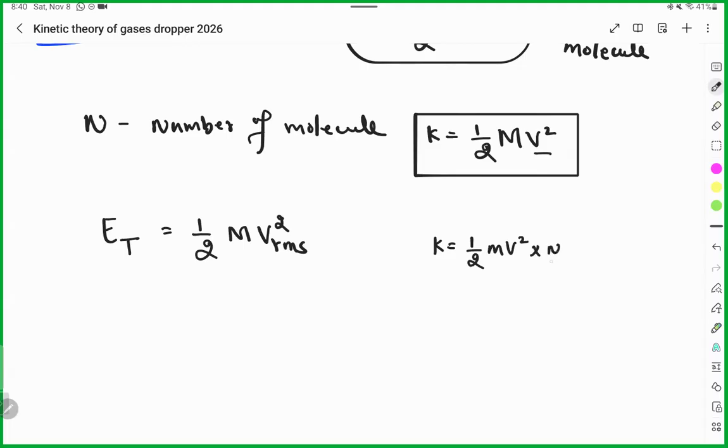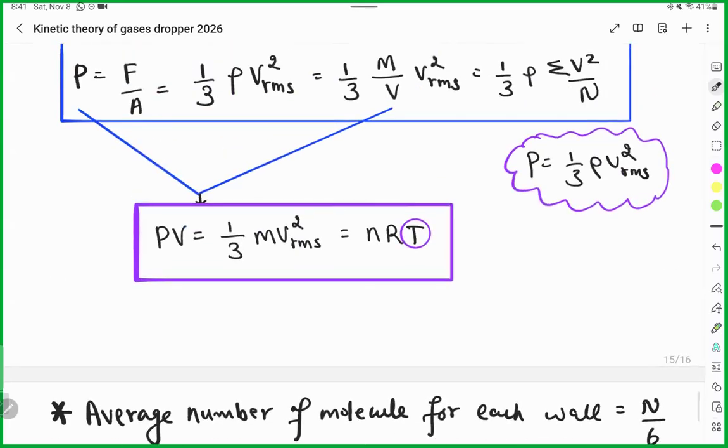If you multiply and divide by n, capital M is equal to m into n, and VRMS square here is equal to v square by n. Yes or no? Right. Yes, sir.